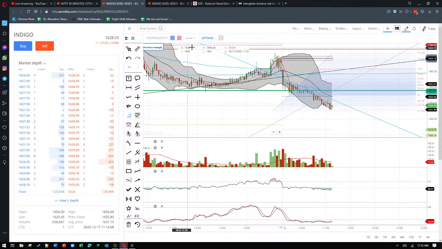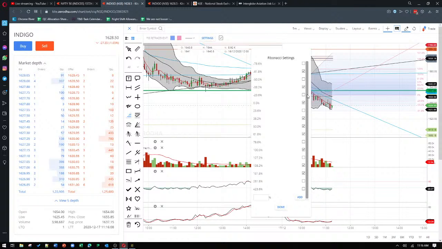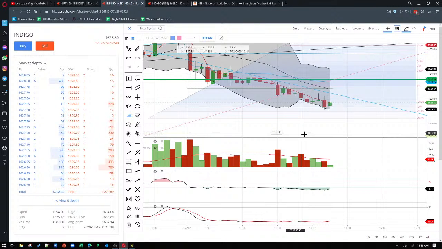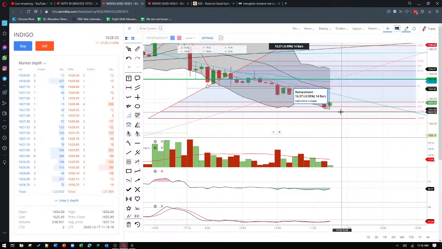I did the Fibonacci setting, to display minus 50 and the 78 also. Let's see where the values are. So if it is breaking minus 61, the next value will be 1623.